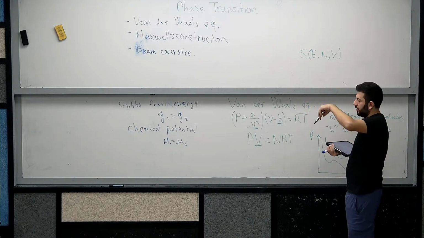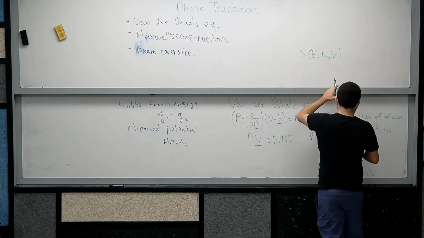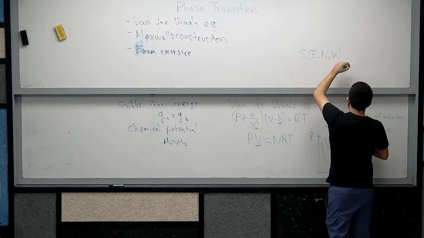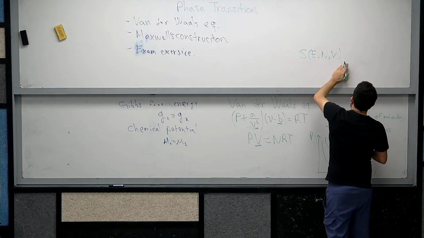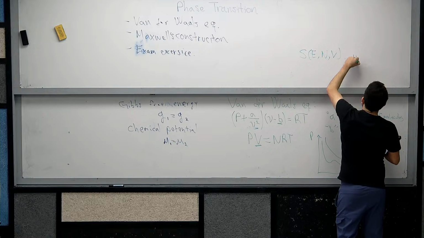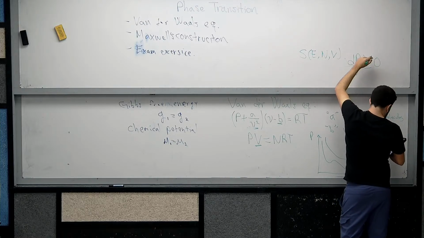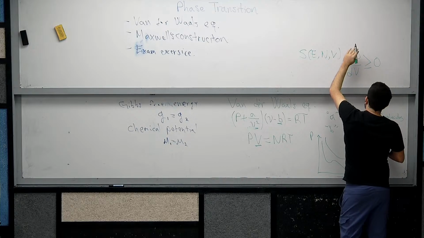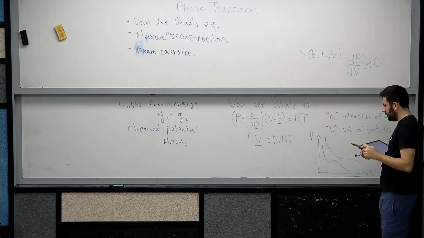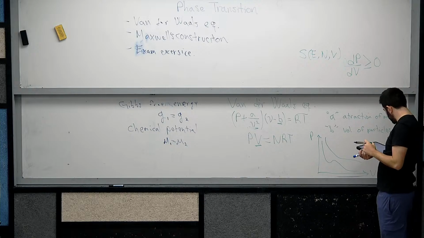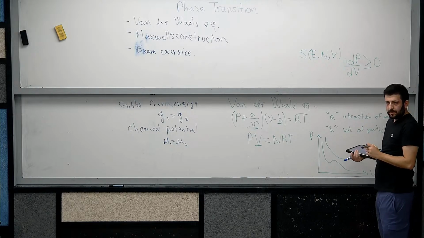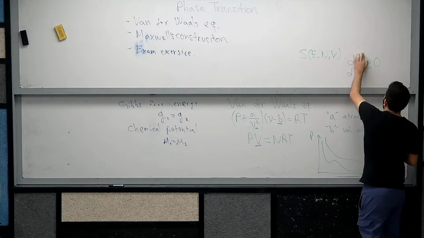Like it's always growing. We know that this must be true. That is that the derivative of the pressure with respect to volume must be smaller than 0. Smaller, it must be smaller, right.